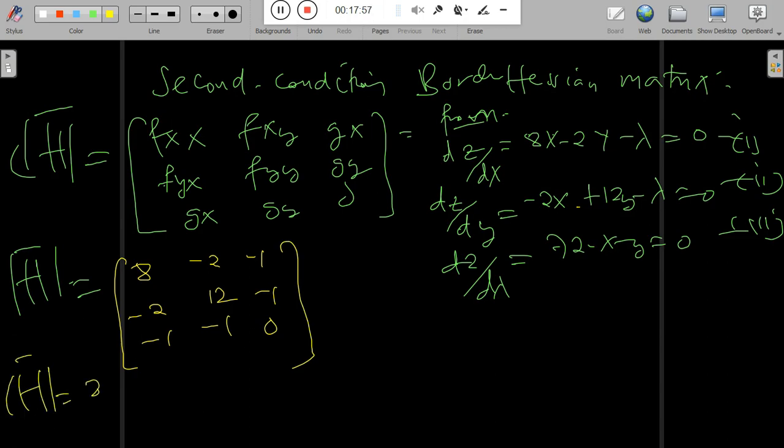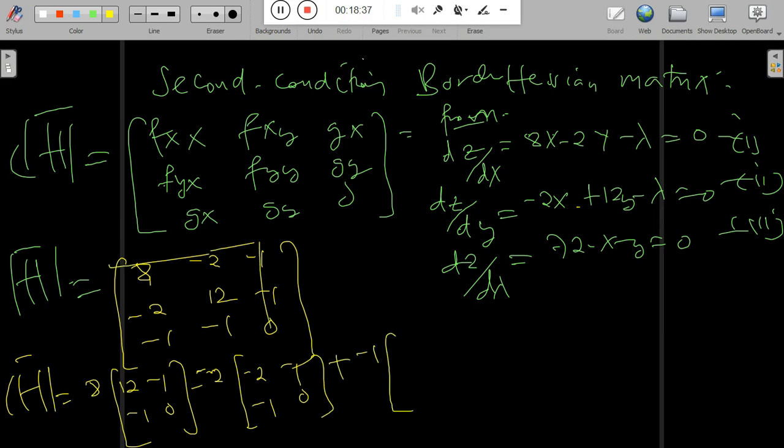So we find the determinant from this given function. That will give you, we hide the left and we take out the value. That will be equal to 8 times the given elements 12, negative 1, 0, minus negative 2. We hide also the center values, that will be equal to negative 2, negative 1, 0, minus negative 1. We hide on the right-hand side and the above, that will remain with negative 2, 12, negative 1, and 1.